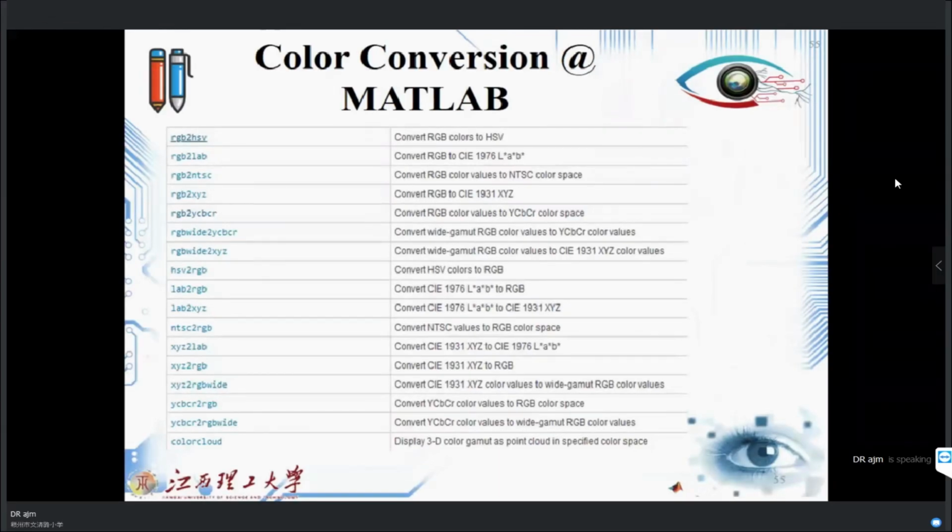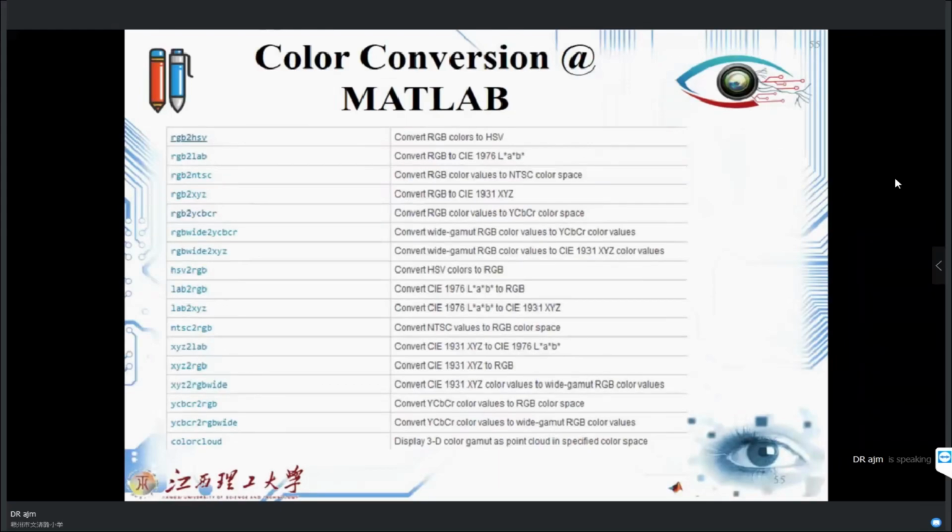As the aim of our course is more working in MATLAB, I bring the brief functions we need to move between the models, for example from RGB to HSV, HSV to CIE Lab, or RGB to CIE XYZ.